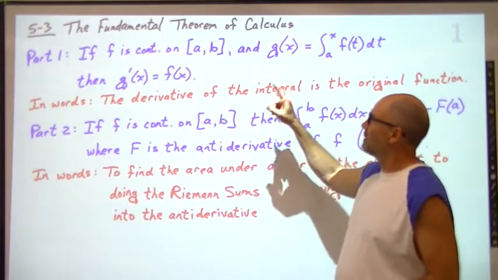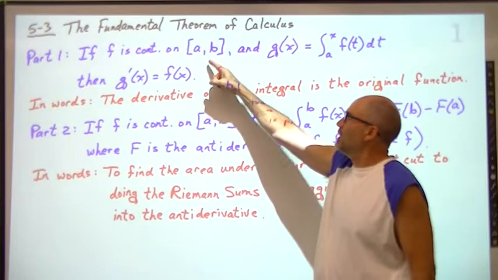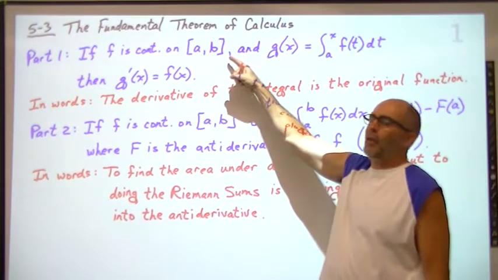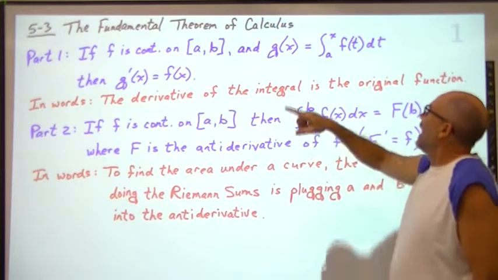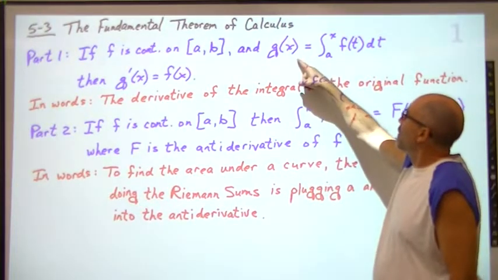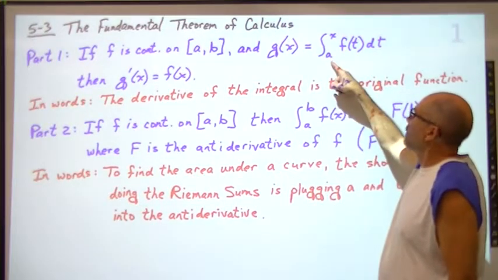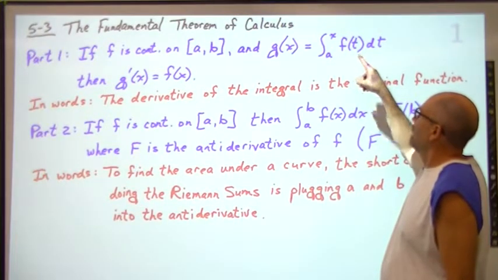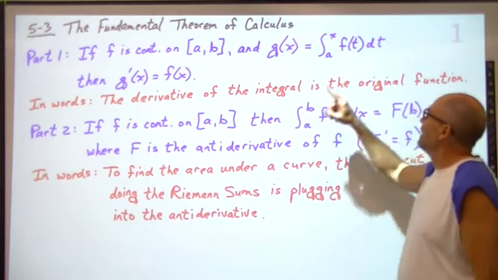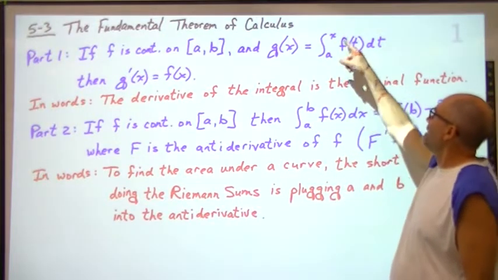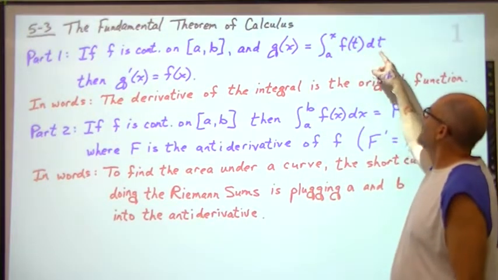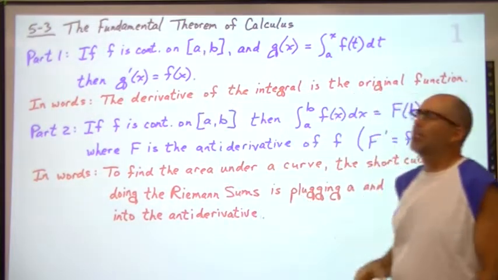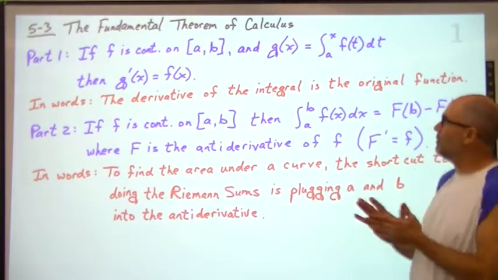Part 1 says if you have a function that's continuous on the closed interval a to b, and you have another function that's the integral of that function. So g of x is the integral from a to x of f of t dt, where a is basically any constant.